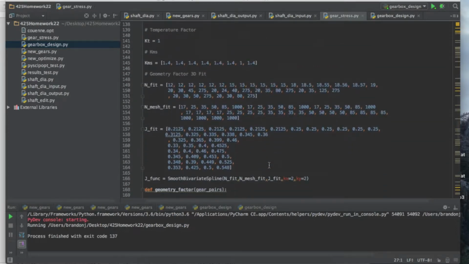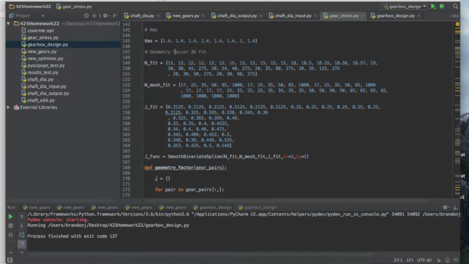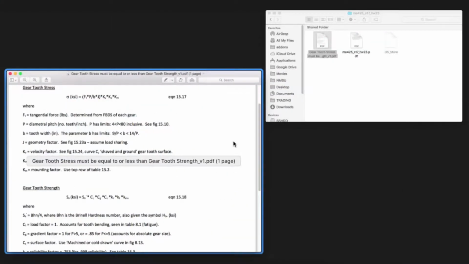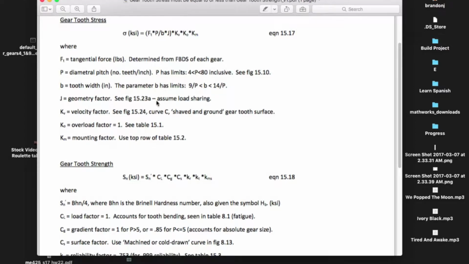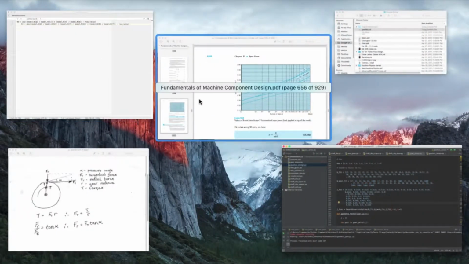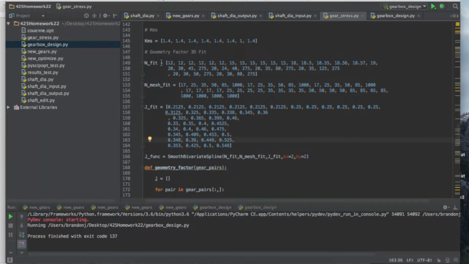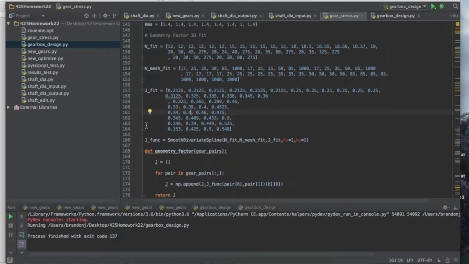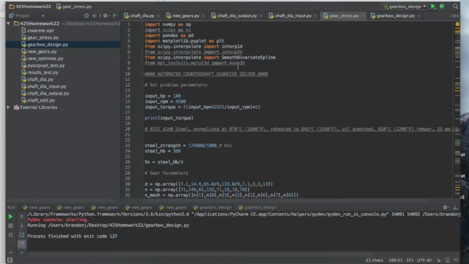So for instance, we have right here the 3D fit for the geometry factor, which can be found in figure 15.23a. I recorded those points, so we had an N fit and an N mesh fit and the geometry factor. Each one of these corresponds to a point on that graph by which I fit a smooth bivariate spline, which you can get from SciPy interpolate.